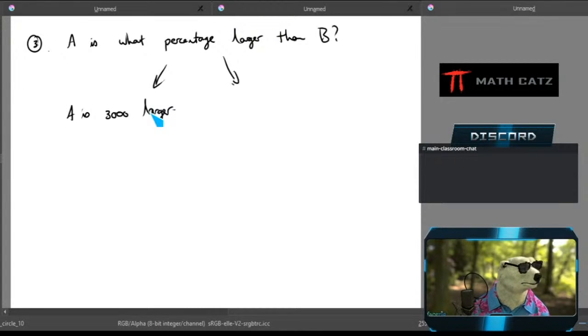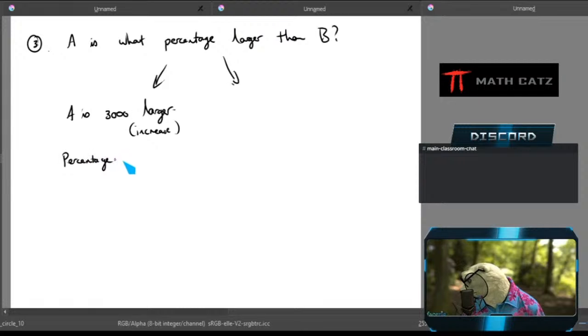To get A, I have to increase by 3,000 increase amount. So then the percentage increase, if you will, is 3,000 compared to which one?